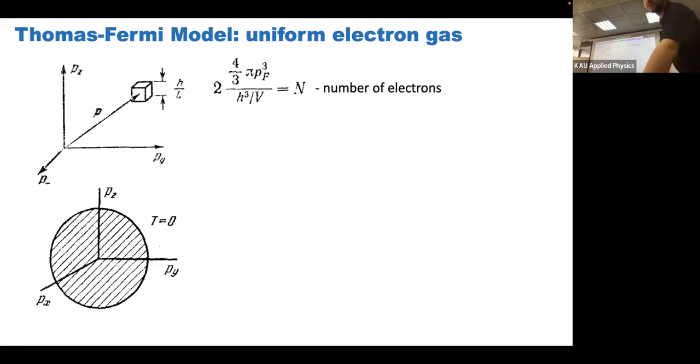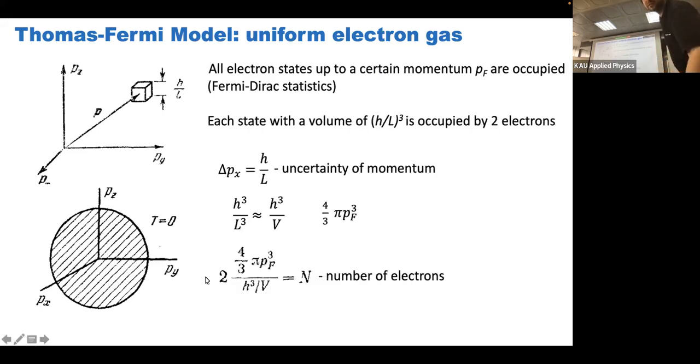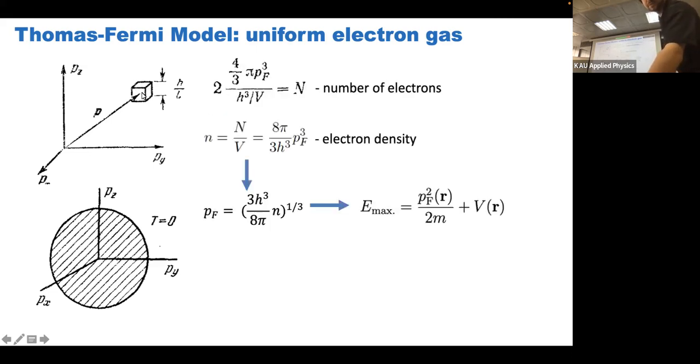It's electron gas, and we get V from this equation. We can estimate the volume of this small cube. Then we can calculate electron density, and then we can make some other simple calculations.